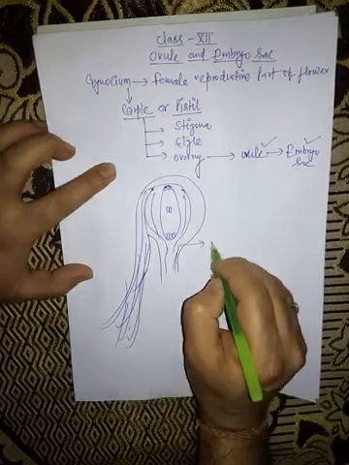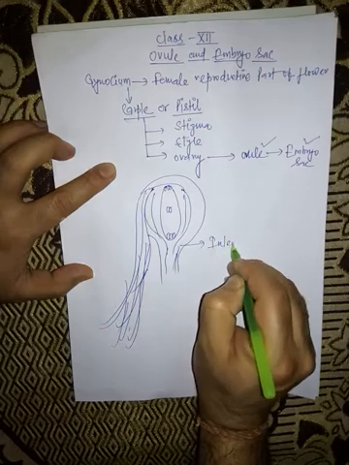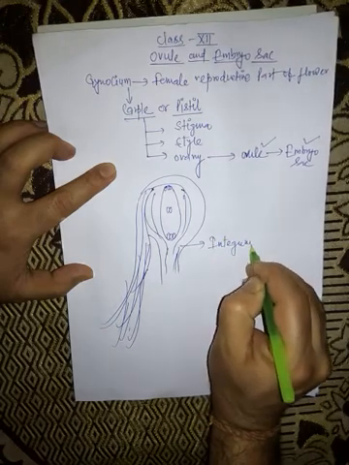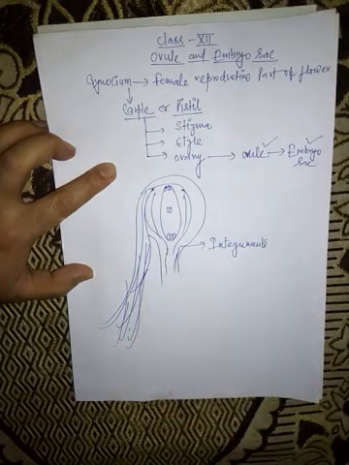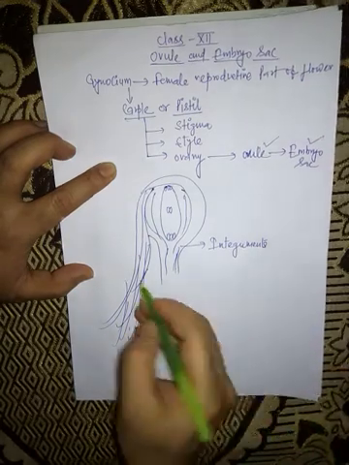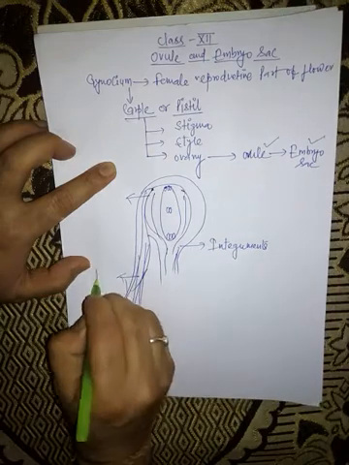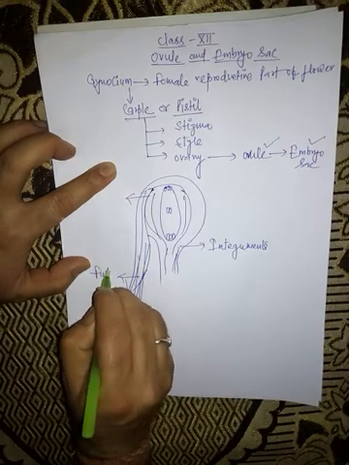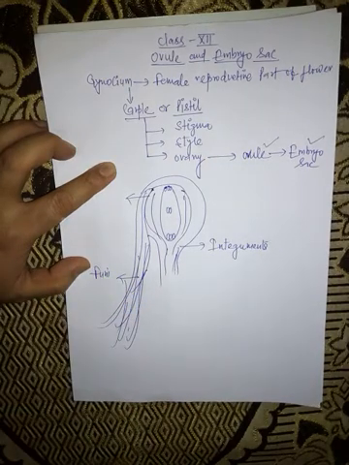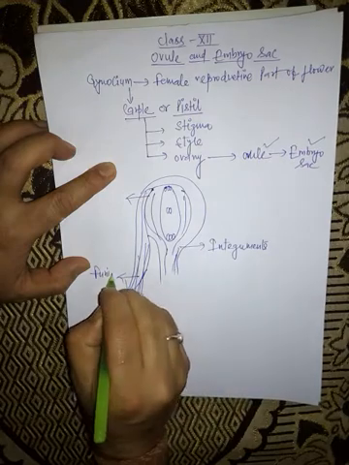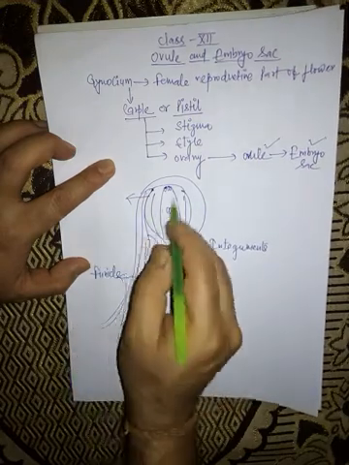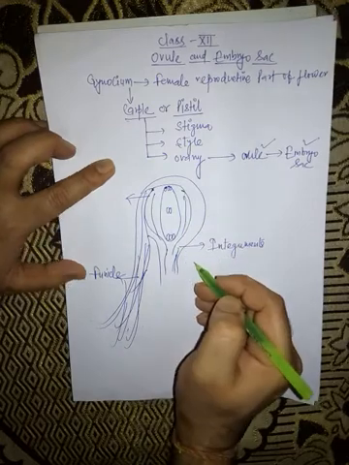They are known as integuments, right? This is the funicle, where the funicle and this ovule will be attached.